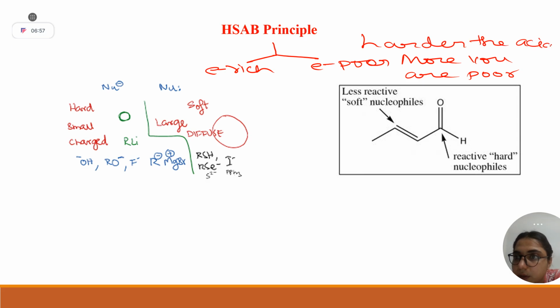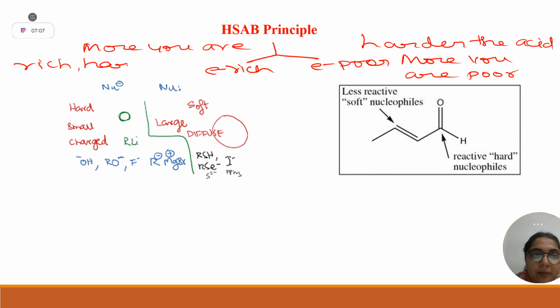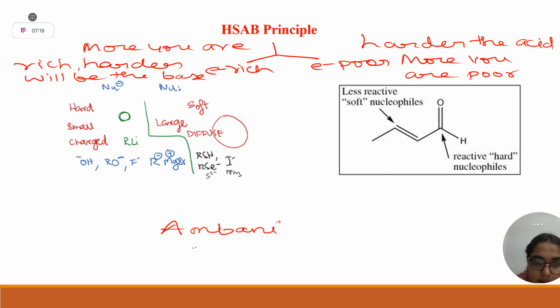The more electron rich you are, the harder the base. Now, what do you mean by this more rich? Let's say this is Ambani and this is, for example, one among you, let's say Dipali.